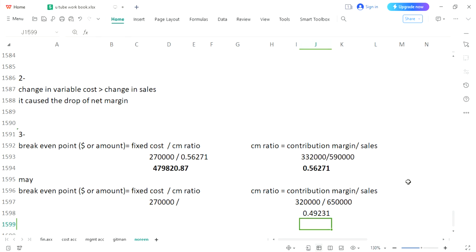So we have got the CM ratio for May, 0.49231. As we predicted without calculation, our contribution margin ratio in May would definitely be different as the number of units has increased in the month of May. So you can now divide by it.